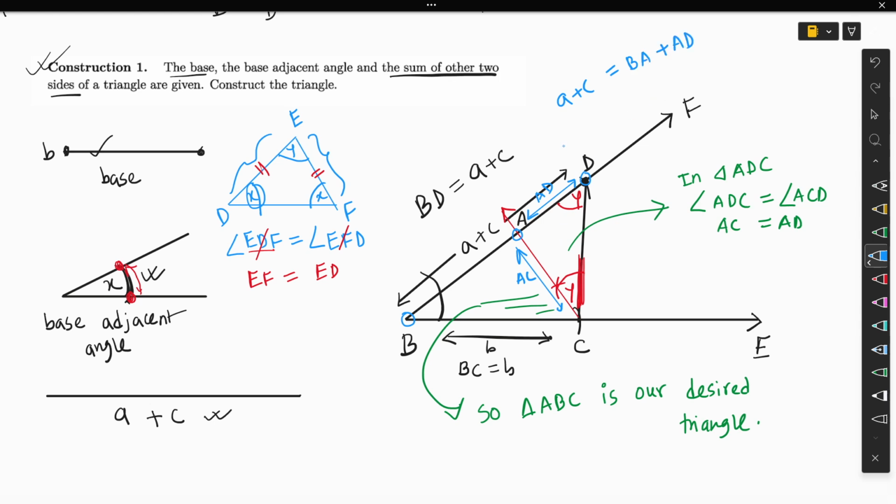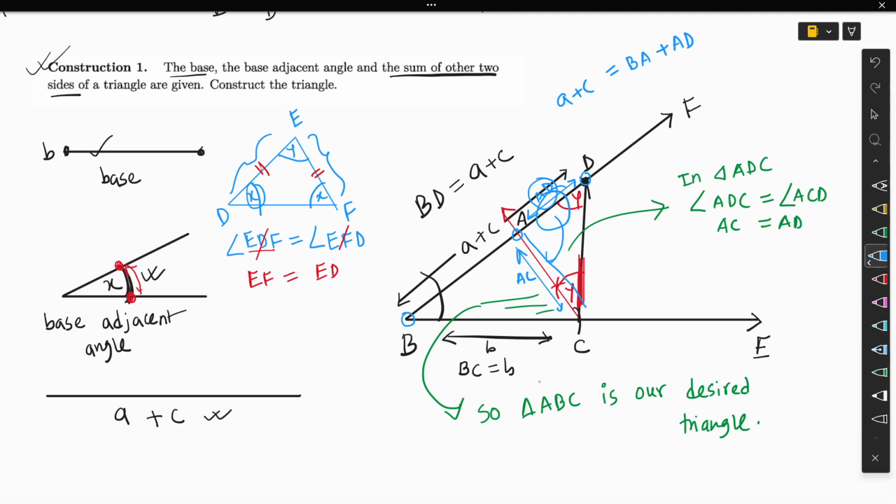And here this AD is equal to AC, meaning that this length is here along AC. So actually what is happening, this side is replacing or becoming this side.